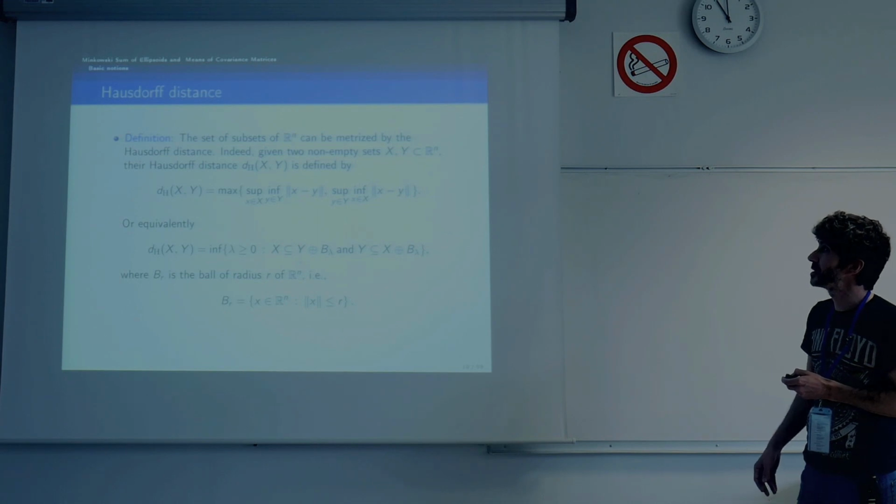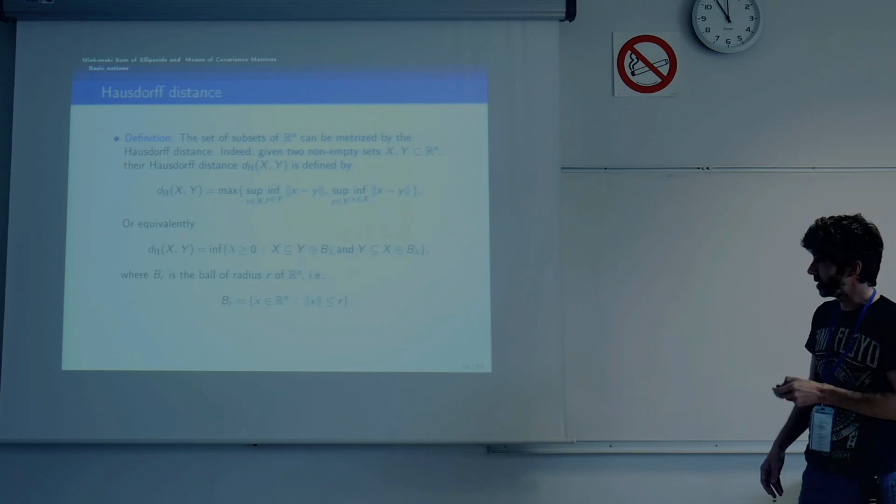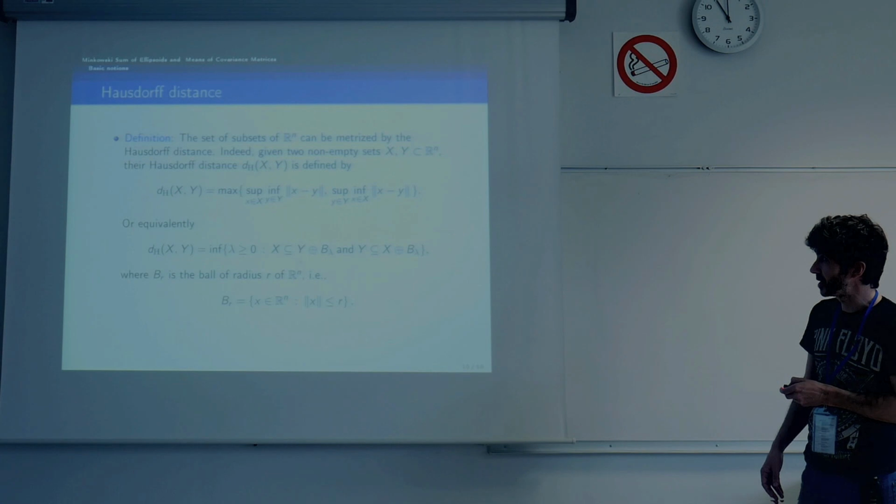Okay, so you know about ellipsoids and all their properties, and also a brief reminder about the Hausdorff distance, which is one of the distances you can use on the Euclidean space for sets. Basically, you take the two sets and reinterpret the standard formulation of the Hausdorff distance using just the Minkowski sum, which can be rewritten like that.